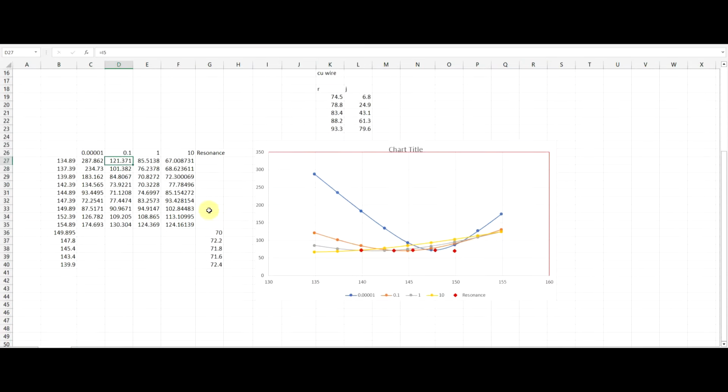Next, to get a better view of the bandwidth of the antennas, I summarized all of the points in this chart, where we can see how the impedance varies with frequency for the various thicknesses. So our thinnest antenna, the blue one, has the smallest bandwidth. This bell curve is the narrowest, and then the next antenna, the orange one, 0.1 mm, already has a much wider opening.